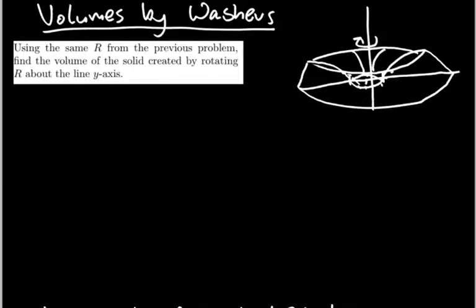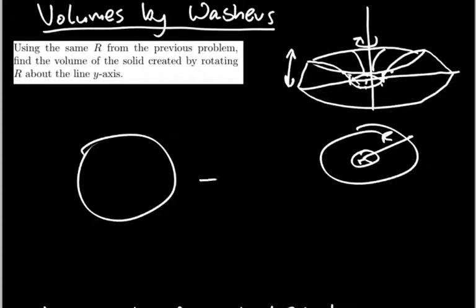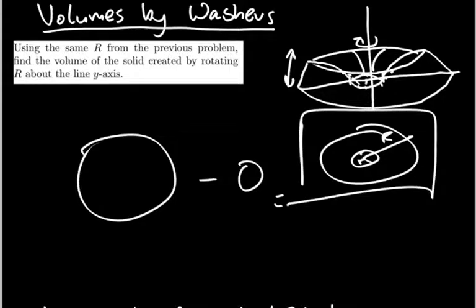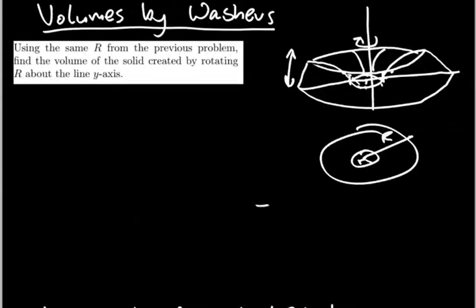But anyway, we have washers stacking upward, right? So a washer, that means you have a thing like this. What's the area of a washer? So you have an outer radius and you got an inner radius. So if you take the area of the outside minus the area of the inside, you get this. So the area of the outside is pi big R squared.